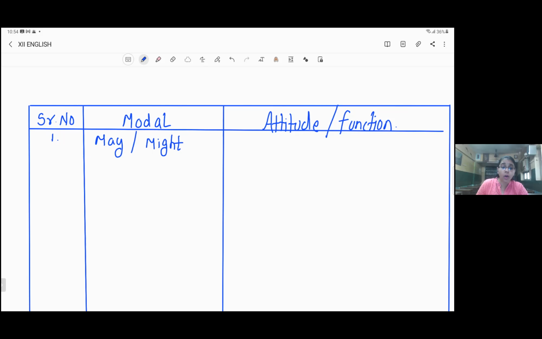What is the meaning of may and might, or what is it expressing when we are using may and might in a particular sentence? What, according to you, just think, what function will it denote? Yes, it is going to denote the first thing, that is permission. And possibility.